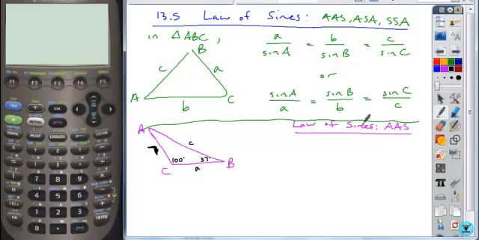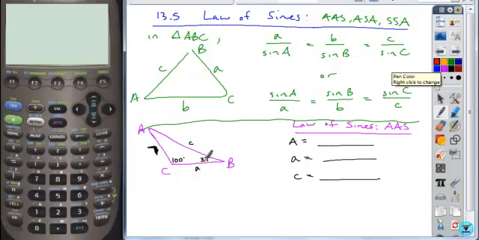If you're given a problem like this, you'll usually be asked to find all the other pieces of information for that triangle. So we need to find angle A, side A, and side C. Which of those would be the easiest thing to find, given this information? We have two angles.